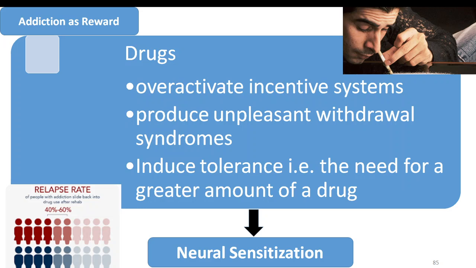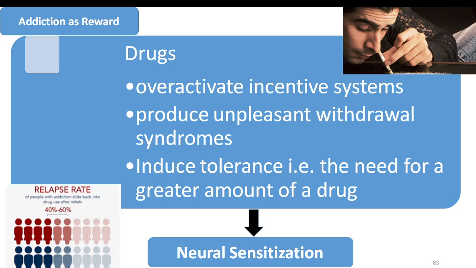Now, the drug tolerance mechanism induces the need for a greater amount of drug. As an individual is in the habit of taking drug over a period of time, the same dose of drug may not give the individual the kick or the high, the euphoria that one is expecting, which prompts the individual to go for a greater amount of drug, resulting in what you call neural sensitization, right?